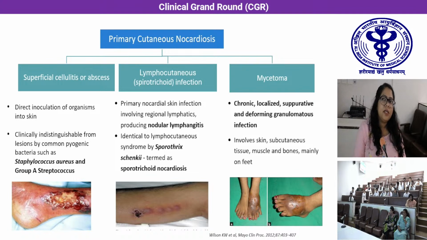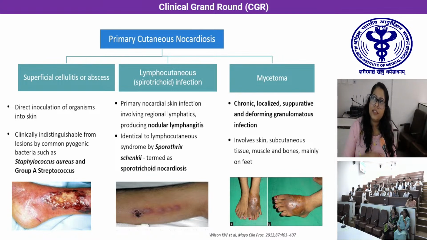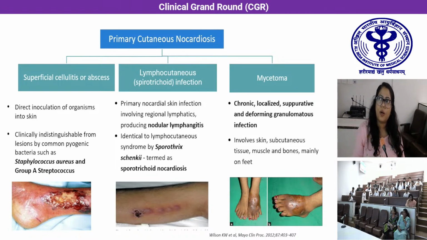It is similar to the presentation of Sporothrix, and therefore it is termed sporotrichoid nocardiosis as well. Another presentation is mycetoma, which is a chronic suppurative deforming granulomatous infection involving skin, subcutaneous tissue, and mainly the feet.